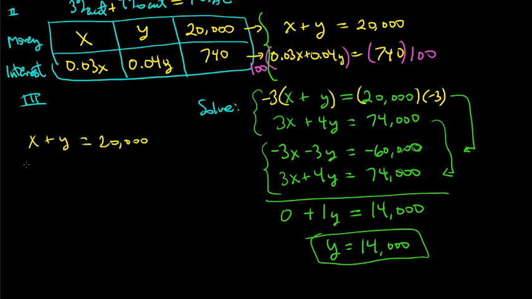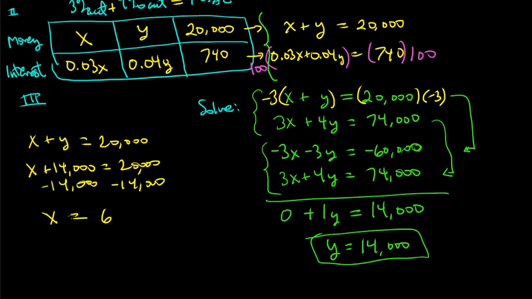If there's 14,000 in the second account, in the 4% account, we know there has to be 6,000 in the first account, right? Just subtract 14,000 from both sides, right? And 20,000 minus 14,000 is 6,000. Okay.